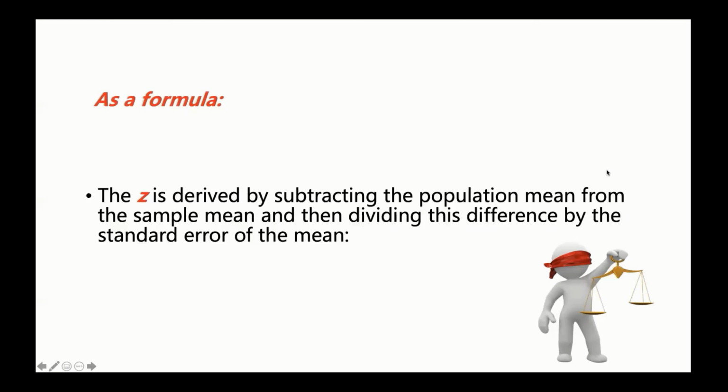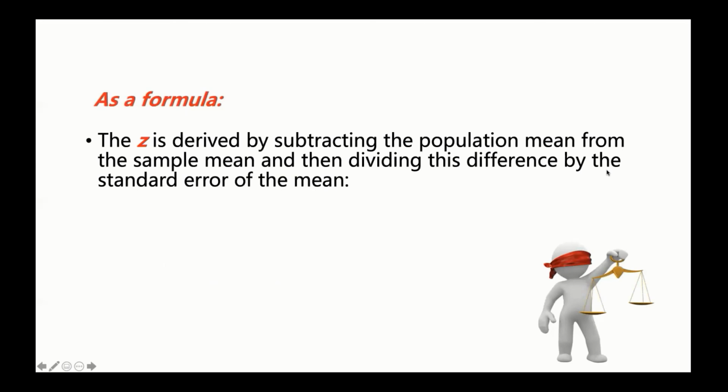The formula is: z is obtained by subtracting the population mean from the sample mean and then dividing this difference by the standard error of the mean. We have this formula at last. So that's all I want to present.